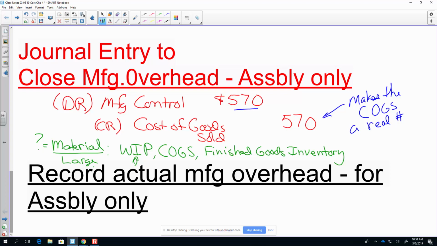You just split that three ways. Yeah, it's actually a proration. So if I have 10,000 in WIP, let's just make it a total of 100. So 10% would go into WIP. And then if finished goods is 50,000 out of 100,000, then that would get 50% of the amount.